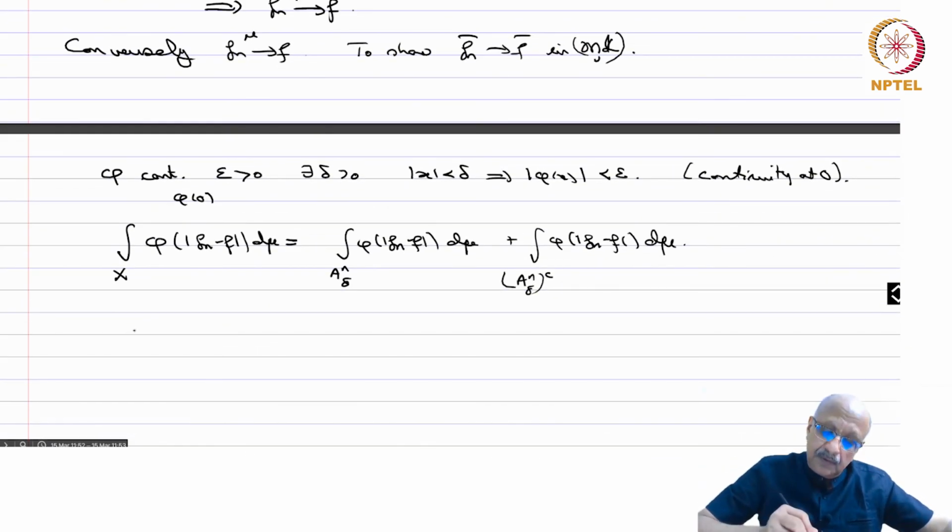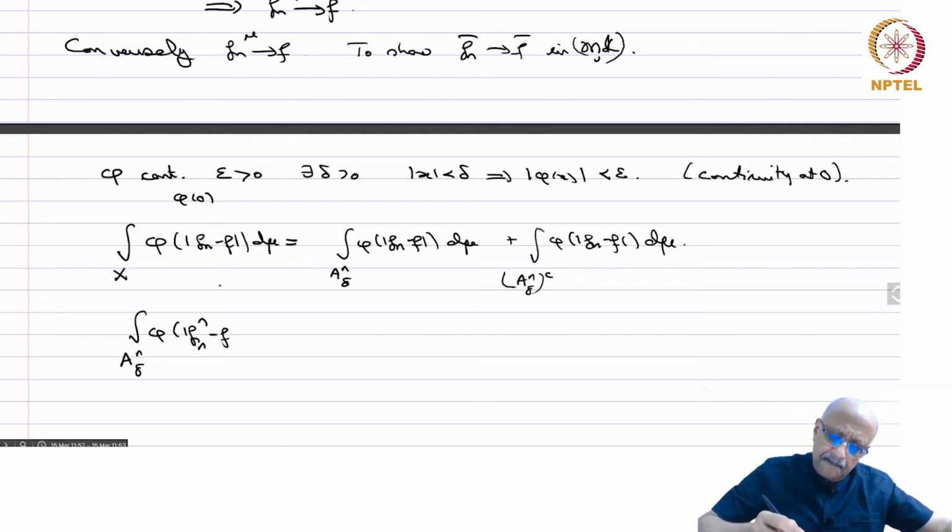For the first one, phi is between 0 and 1, so this is just less than mu of A_n delta.